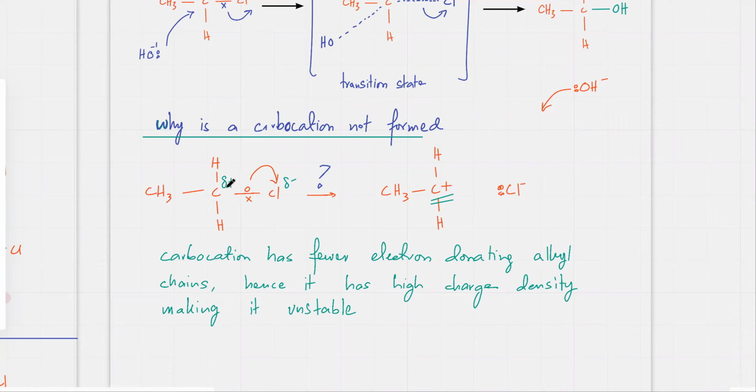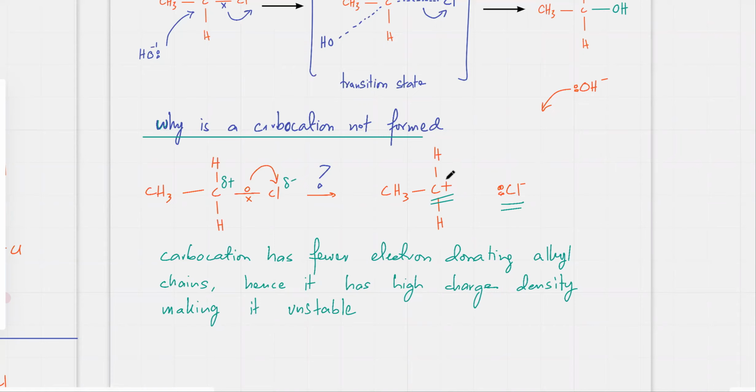So if the positive charge is really strong, that means the negative Cl over here is going to be attracted very, very strongly to it. The attraction between the two is going to be really strong. So it's going to be very difficult for the Cl-1 to actually just leave on its own because of the very strong positive charge over here.